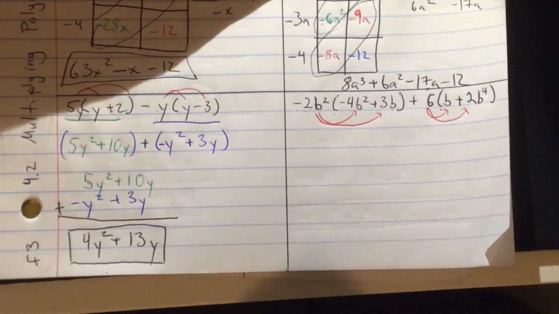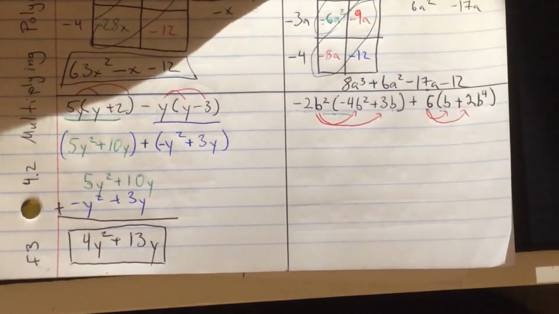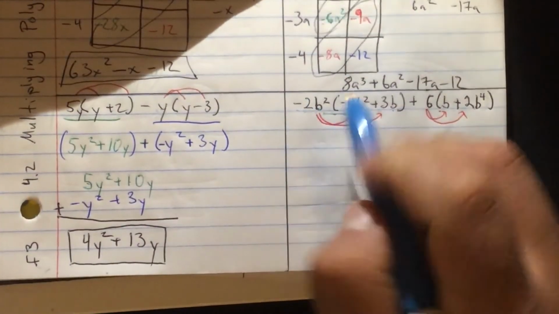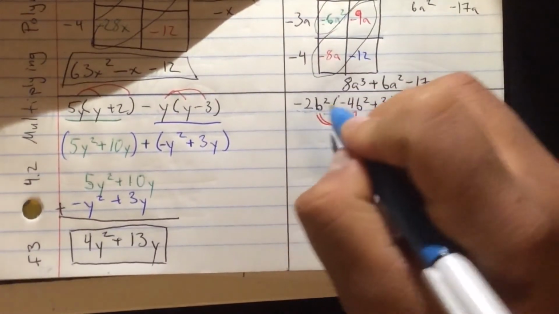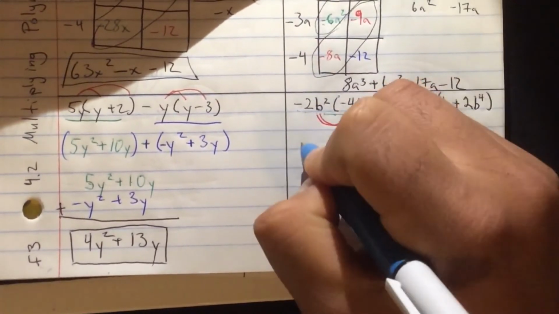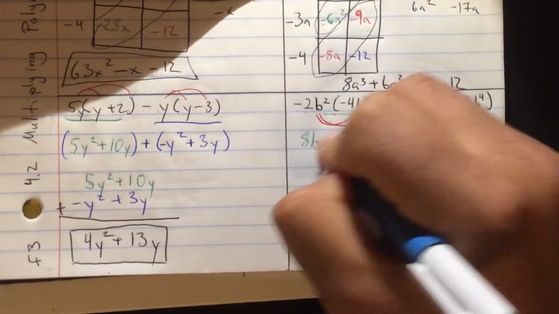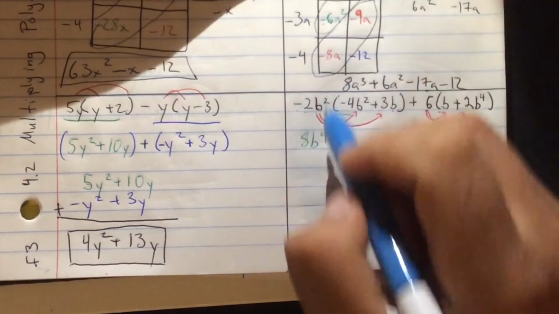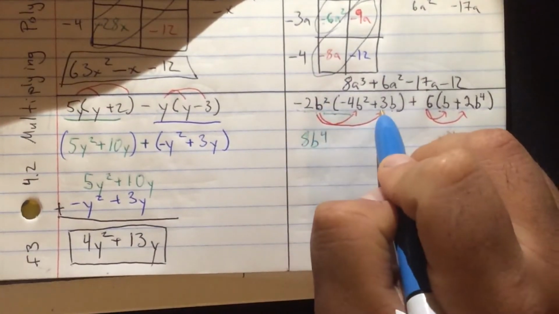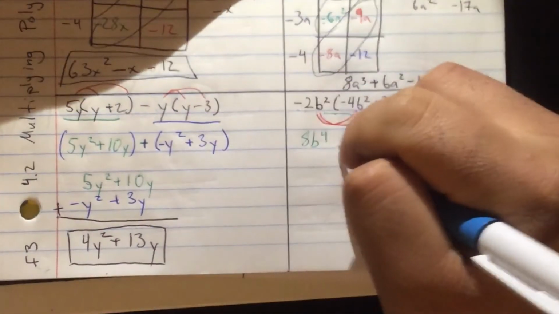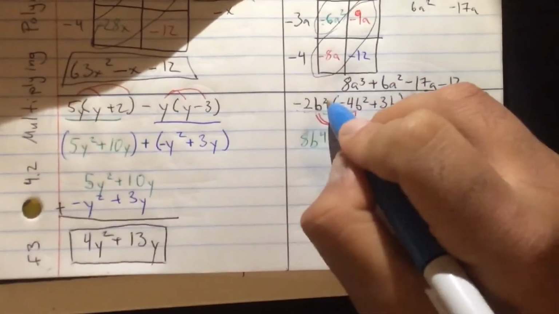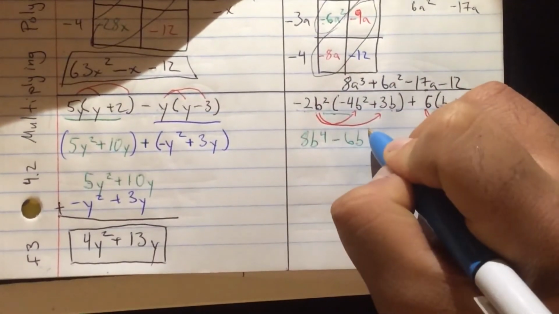Let's start with our green first to stay consistent. So this would be green. We have a negative times a negative would be a positive. So negative 2 times negative 4 would be positive 8. B squared times b squared would be b to the 4th power. Then we have negative 2 times negative 3, which gives us a negative 6. B squared times b would be b cubed.